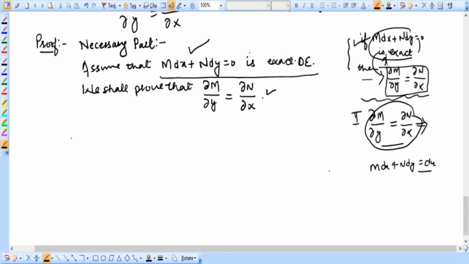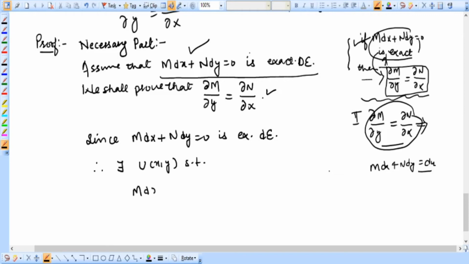So we know by the definition of an exact differential equation, there exists a function u such that, you write it in this way: since Mdx plus Ndy is equal to 0 is an exact differential equation, therefore there exists u(x, y) such that Mdx plus Ndy is equal to du. Now give this equation number 1.